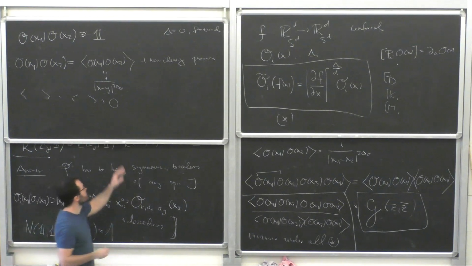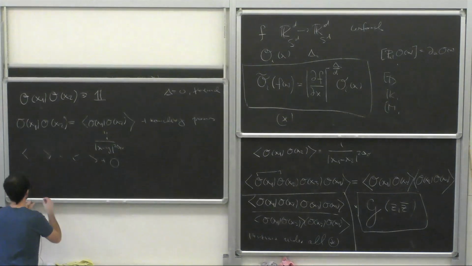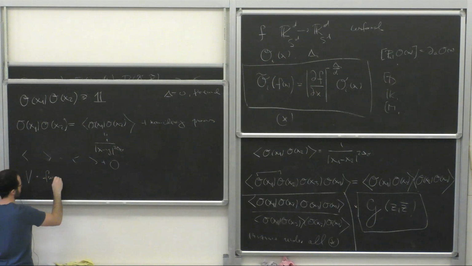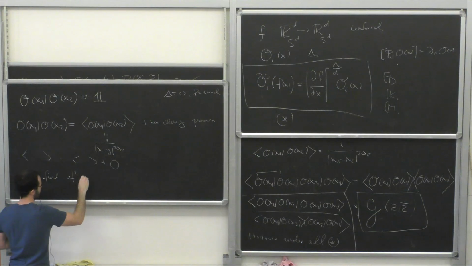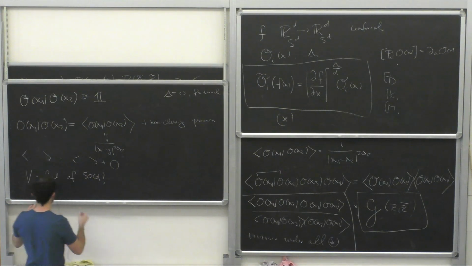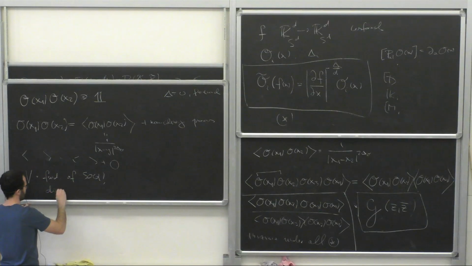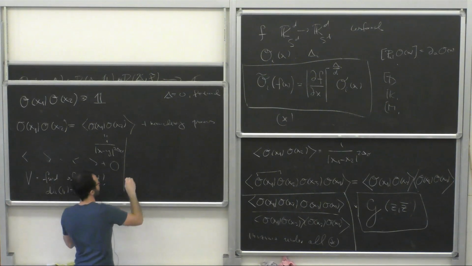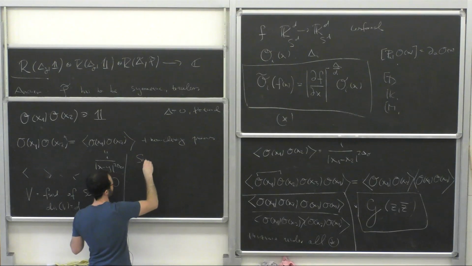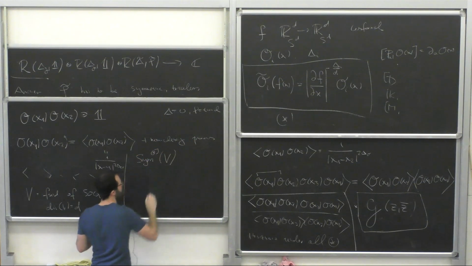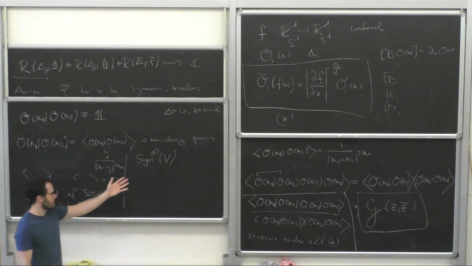So what's the statement? Let V be the fundamental of SO(d), so it's a d-dimensional representation. Then you can consider the J-th symmetric power of V, but this one is not irreducible.